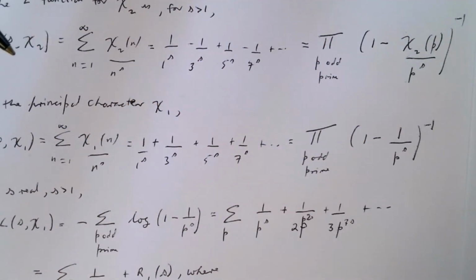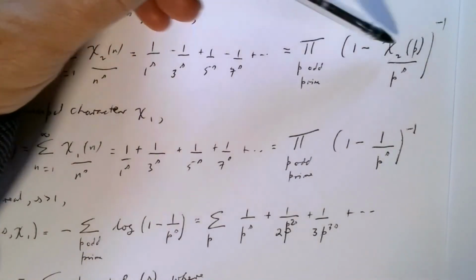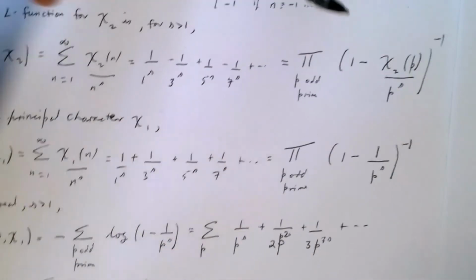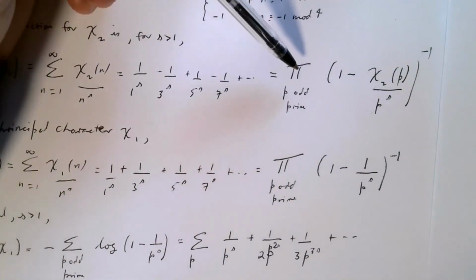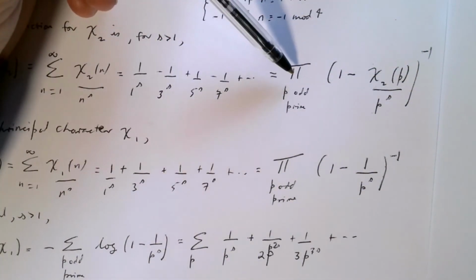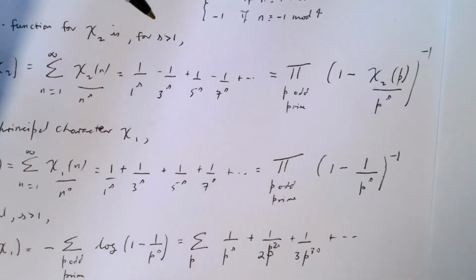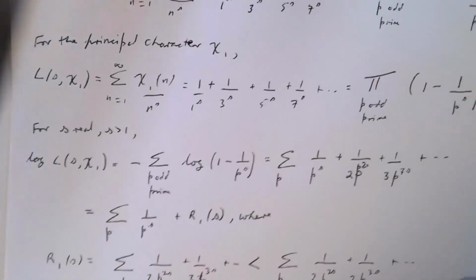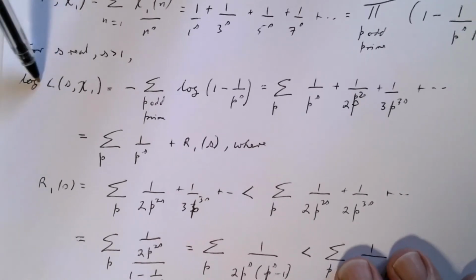Now, what we want to do with this is play with the Euler products, and at the moment they've got a minus 1 up here, which I'd like to get rid of. I'm happier with sums than products, so I want something that turns a product into a sum, and so we're obviously thinking of logarithms. So for s real, s bigger than 1, I'm going to take the log of L of s and chi1.